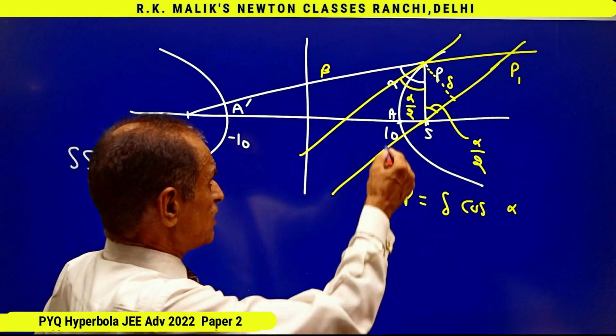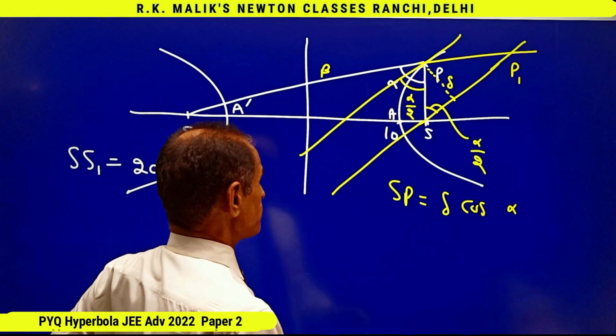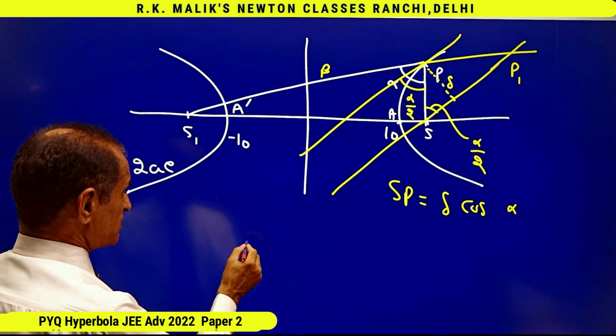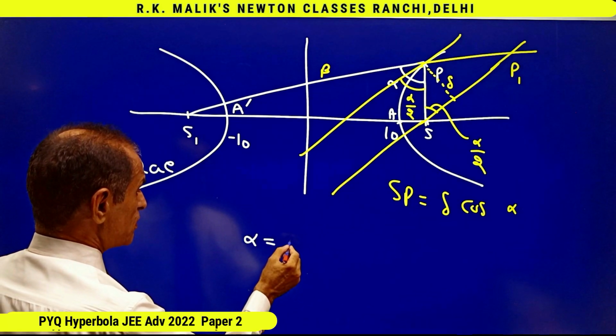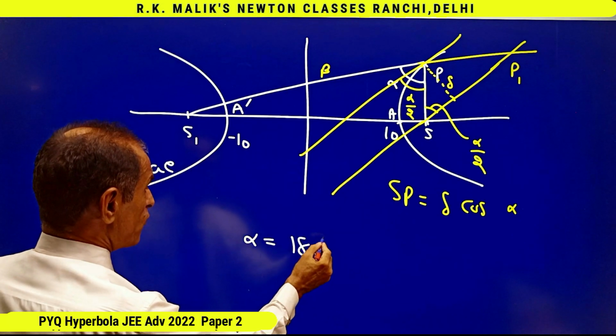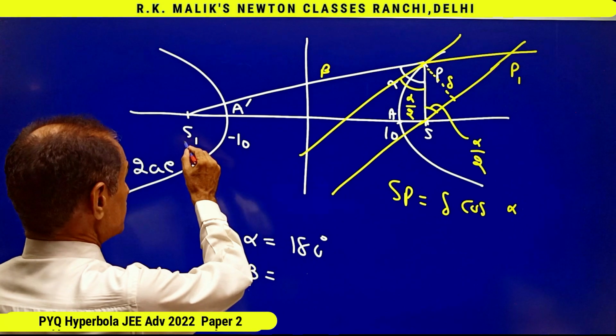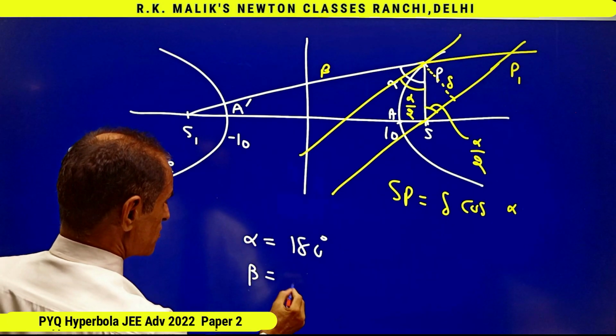And if I take the point p here, then it is very easy, because in that case alpha will become 180, beta will become the length s1a.